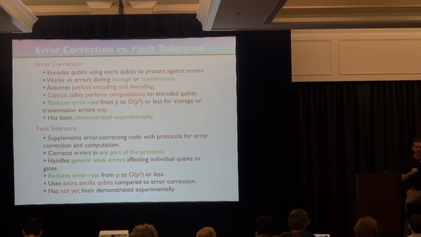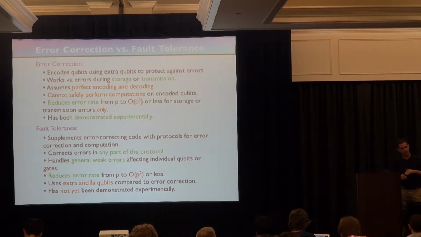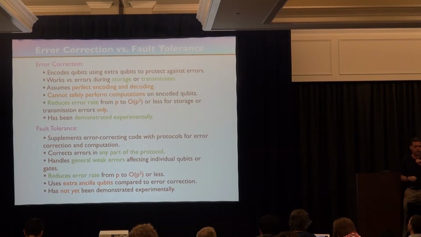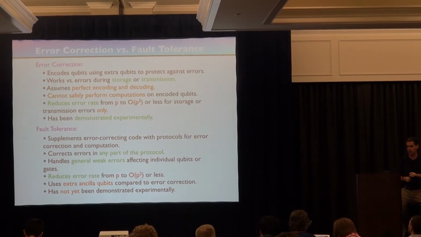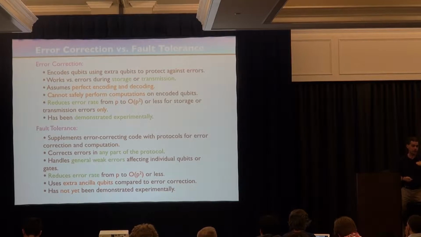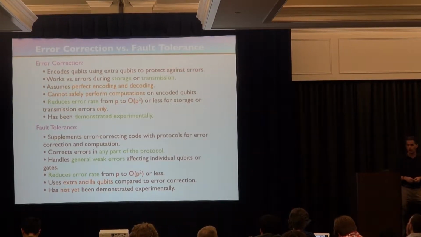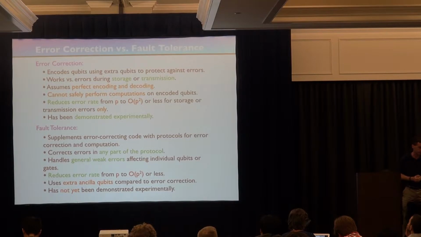The key distinction with fault tolerance is that error correction assumes that your gates are perfect, whereas fault tolerance does not. Associated with that, in error correction you're trying to store some information unchanged, whereas in fault tolerance you generally want to do operations on information that's encoded in the quantum error correcting code without losing the protection against errors.